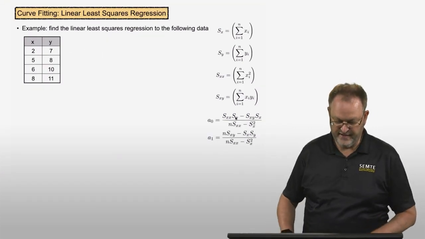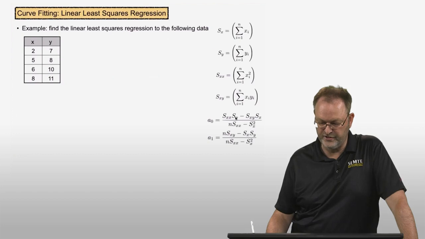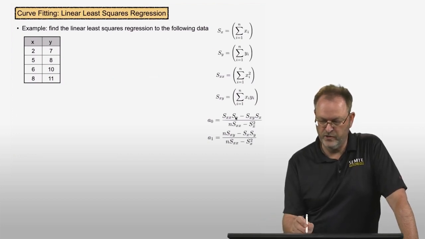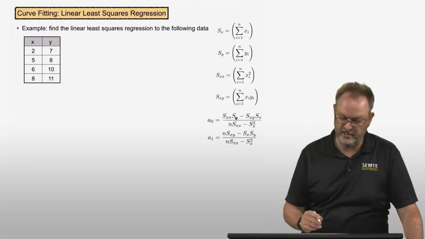So let's dive into this, right? We have the linear function a0 plus a1 times x. So we want to calculate the a0 and the a1 from the linear function. And in order to do this, I have to evaluate all of these sum terms over here. So let's start with that.